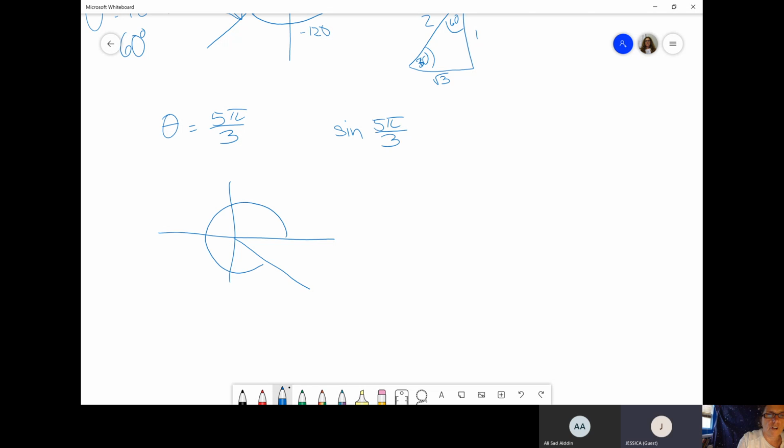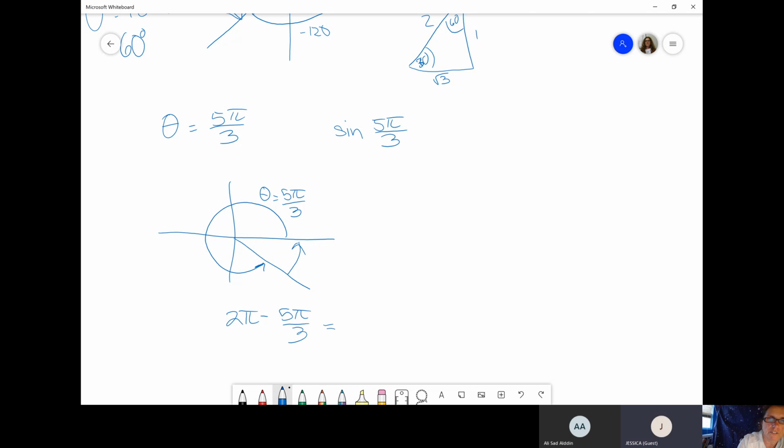So theta is 5 pi over 3. To find the reference angle, we do 2 pi minus 5 pi over 3.